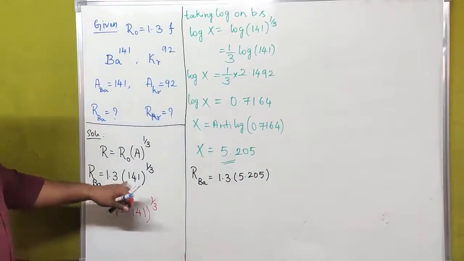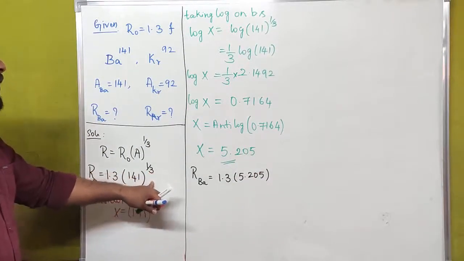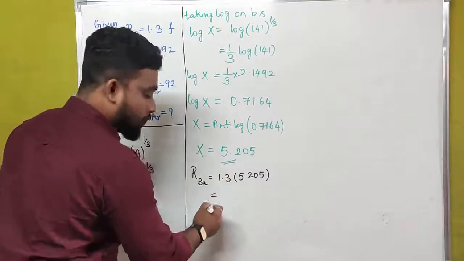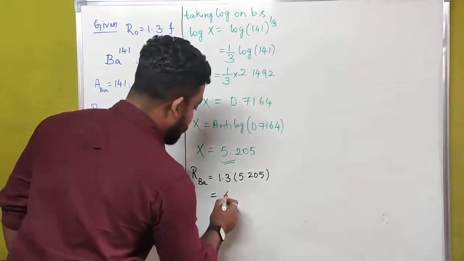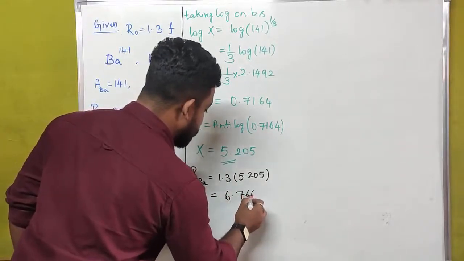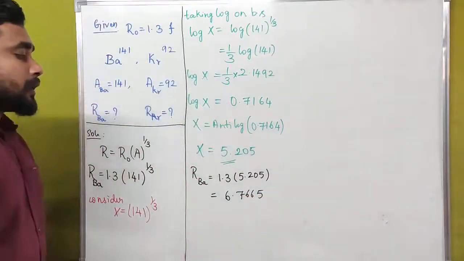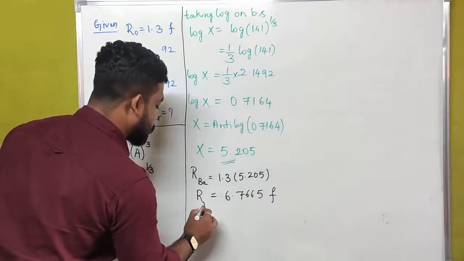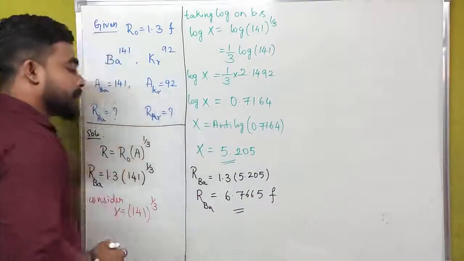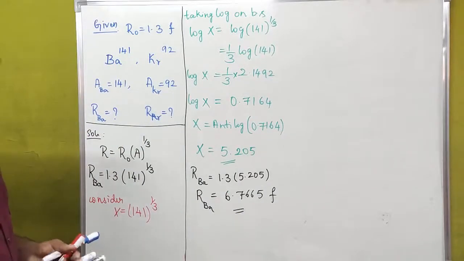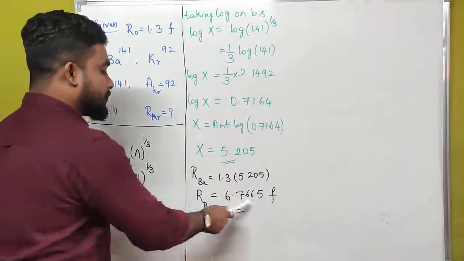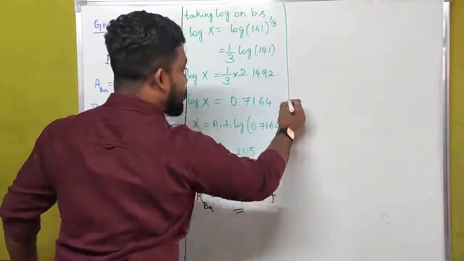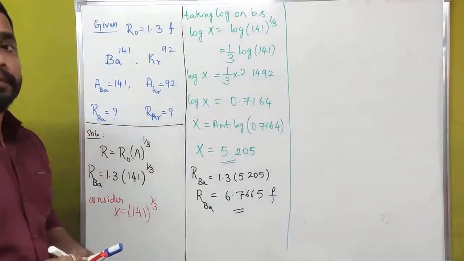If we multiply these two, what we will get here is 6.7665 Fermi. Radius of barium is equal to 6.7665 Fermi. Actually, this is the radius of a barium nucleus.